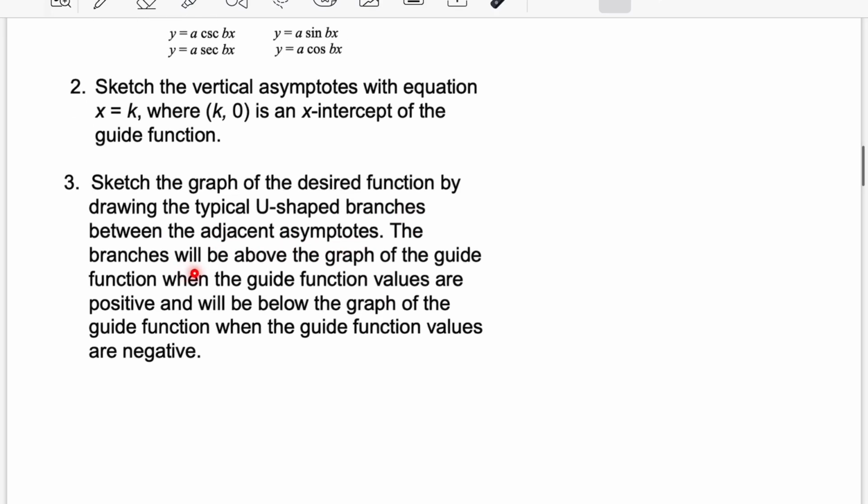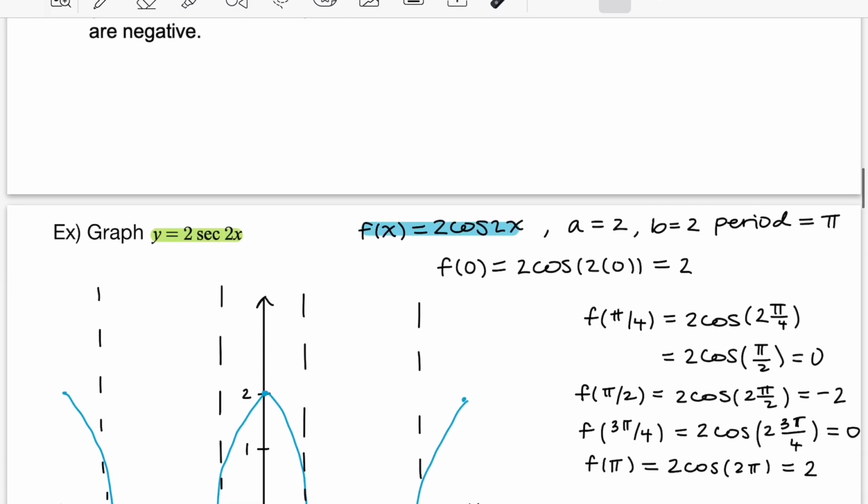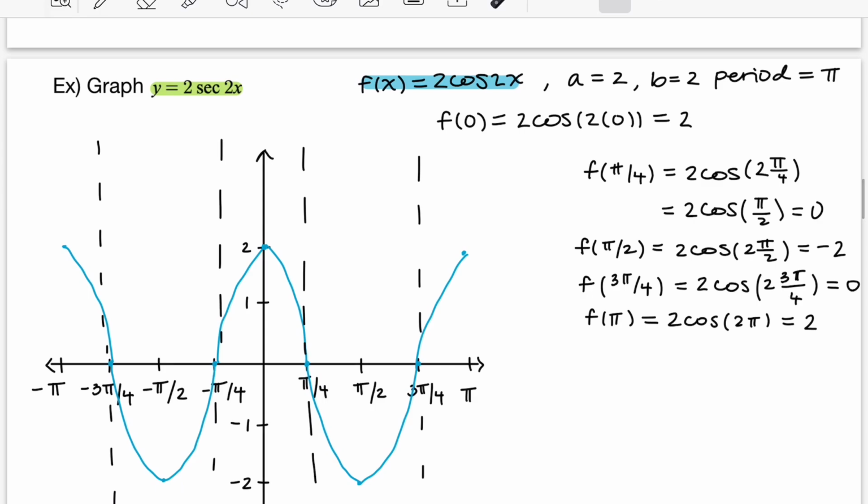Then our next step is to sketch our U-shaped branches between our asymptotes, keeping in mind that the branches will be above the graph of the guide function when the guide function values are positive, and below when those function values are negative. So we'll start from left to right here. For our guide function cosine, this output value is positive. So our branch is going to be above our x-axis, connecting right here.